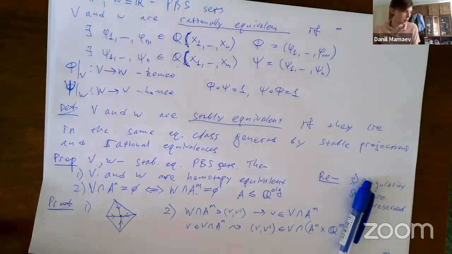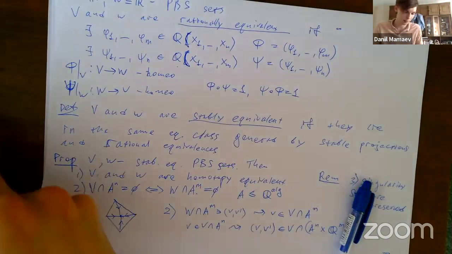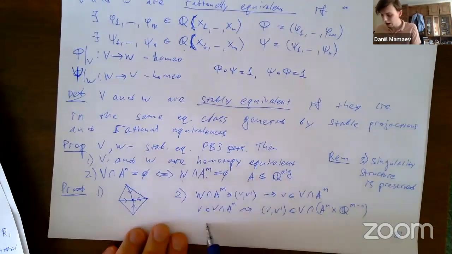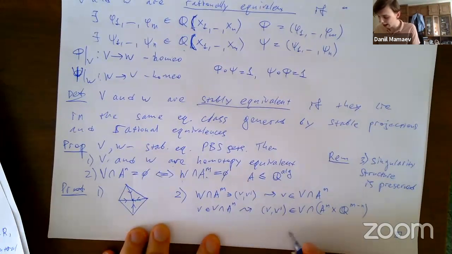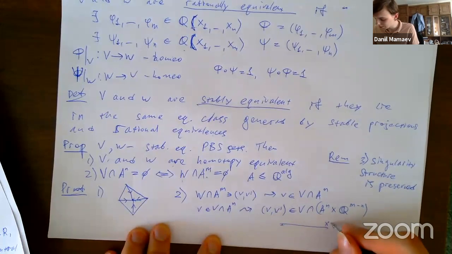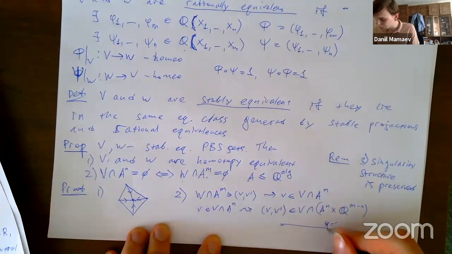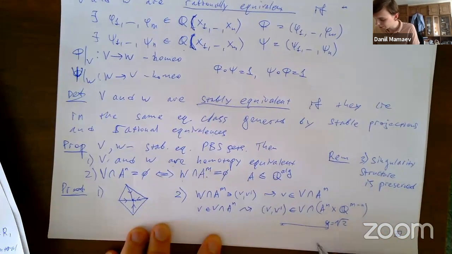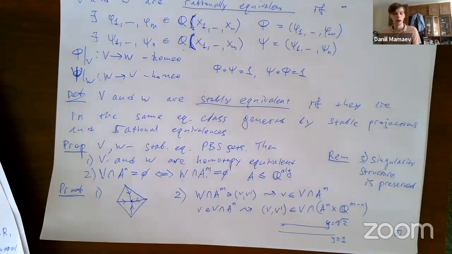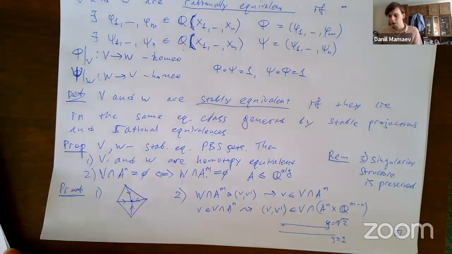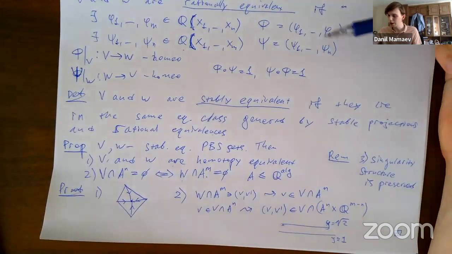Yes, they are. If you have, say, on a plane, two lines, one is x equal to square root of 2, and this one is y equal to 1. Then they are not rationally equivalent.